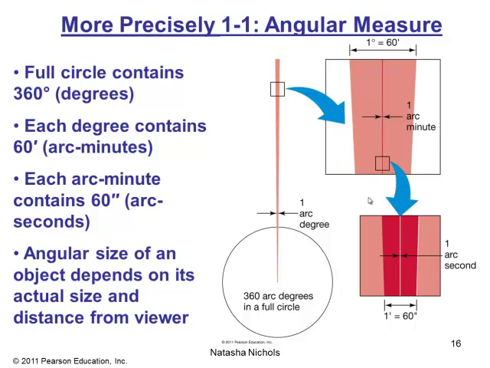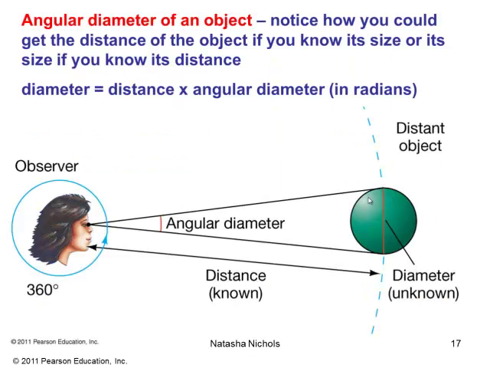Using that, the angular diameter of an object is the angular distance from one edge to the other. Let's put this together. If you're the observer right here, and you're looking at a distant object, perhaps a star, you can measure the angular diameter, and if you know the distance, you can figure out the true diameter of the object.